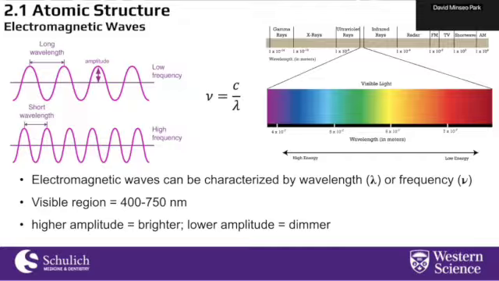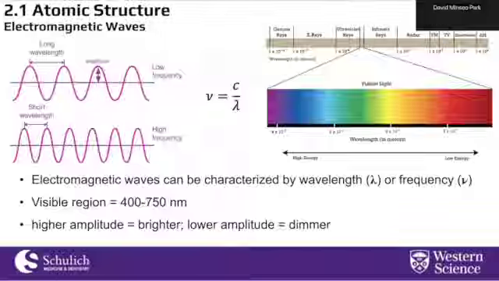And you guys should roughly know the regions corresponding to different types of radiation outside of the visible region. So just in relation to each other, you have gamma rays, X-rays, UV, and then on the other side of the visible region, you have IR and radio waves and all of that. But really the most important one is the visible region.